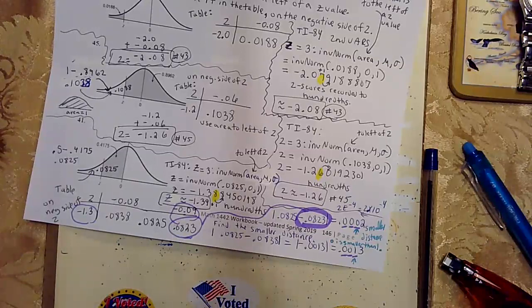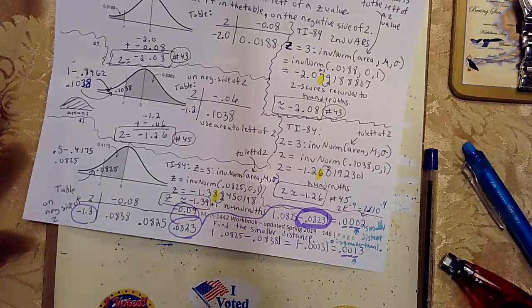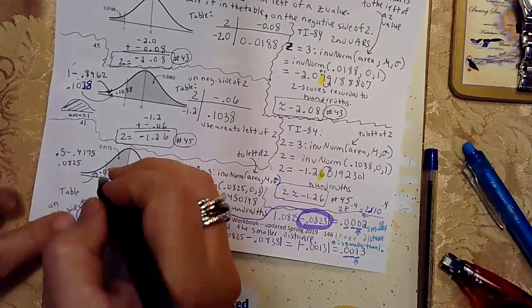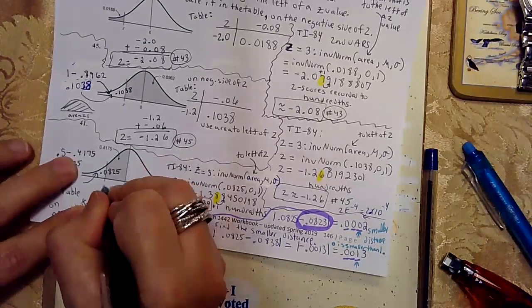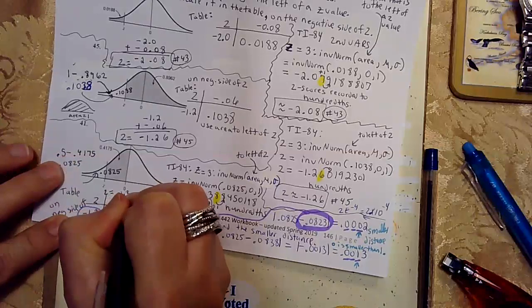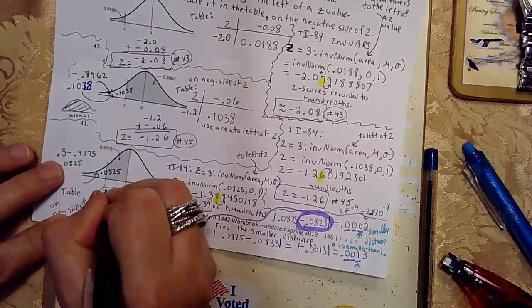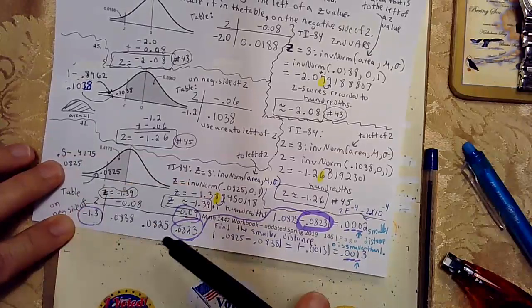If they tell you to use the table, use the table, because that's how they're relating to the answer. But for us here, the Z is negative 1.39, and we get that on both the table and the calculator here.